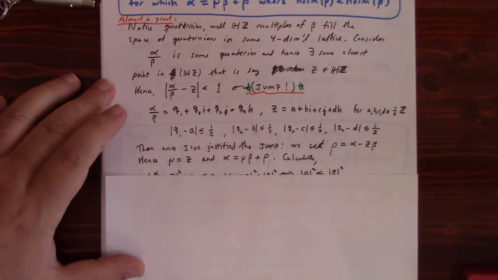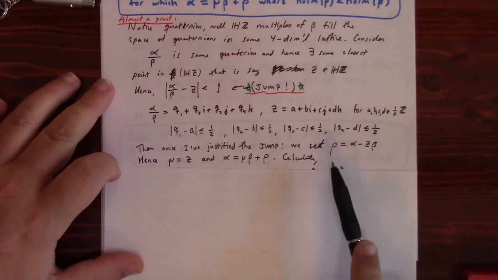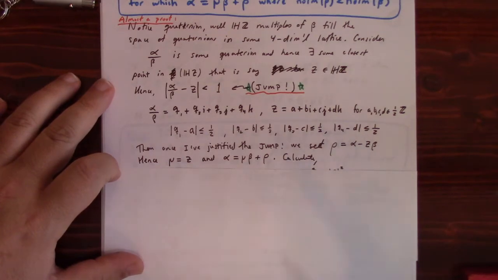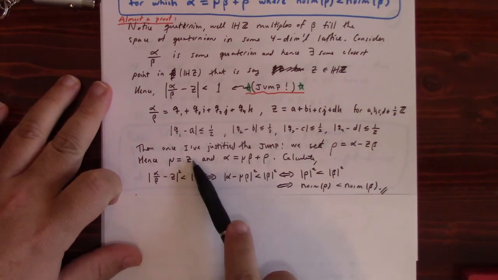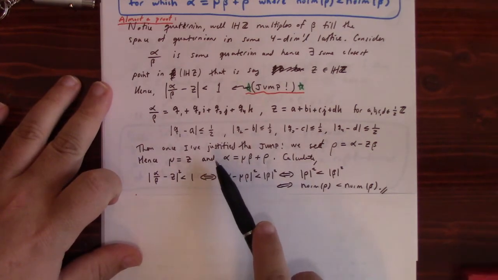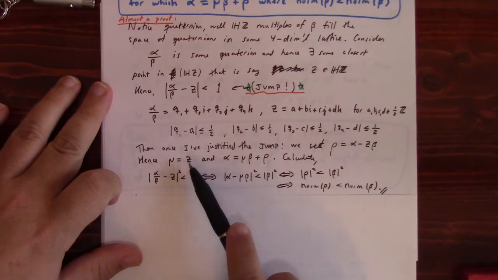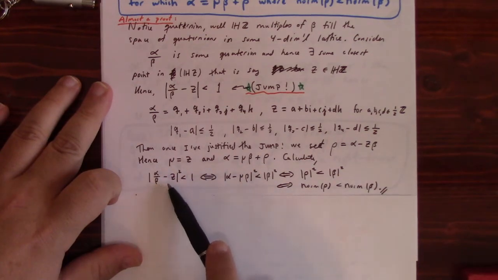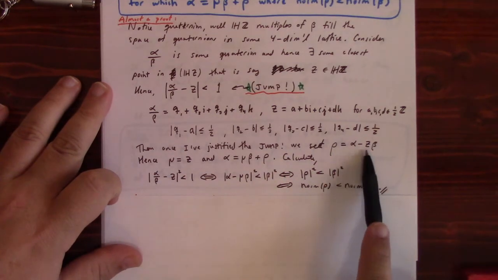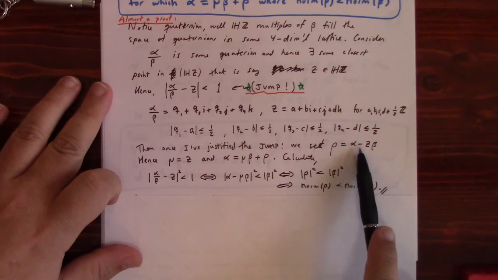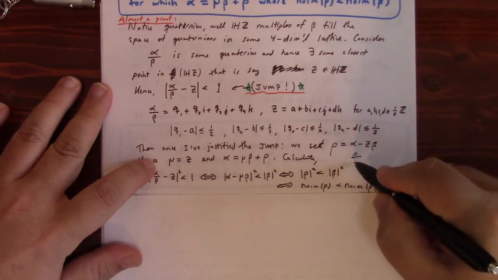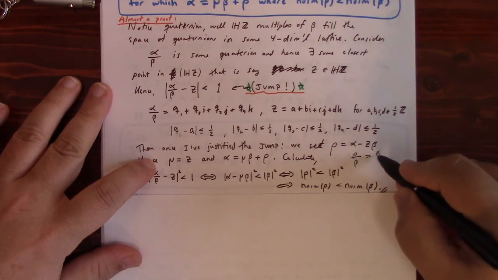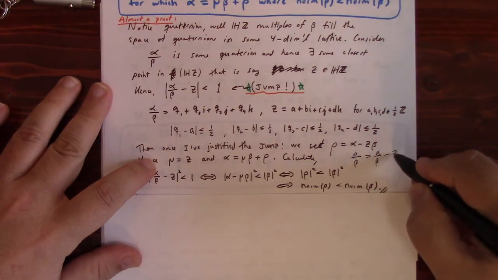And if you could actually prove the jump, you set rho equal to alpha minus z beta, and then you can check that if we put mu equal to the z that we picked, the closest point in the Hurwitz lattice, then the distance between alpha over beta and z is less than 1 if and only if, notice, divide this by beta, you've got rho over beta equals alpha over beta minus z, right?